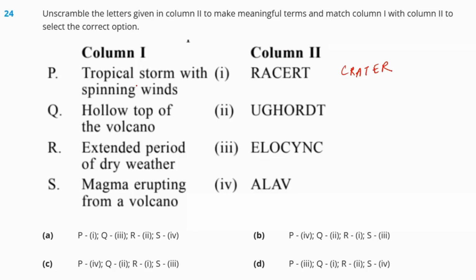Tropical storm with the spinning wheel, cyclone, okay, hollow top of the volcano, crater, extended period of dry weather, drought, and magma coming up from a volcano, it is lava. So if we see that, our correct option would be option number D.